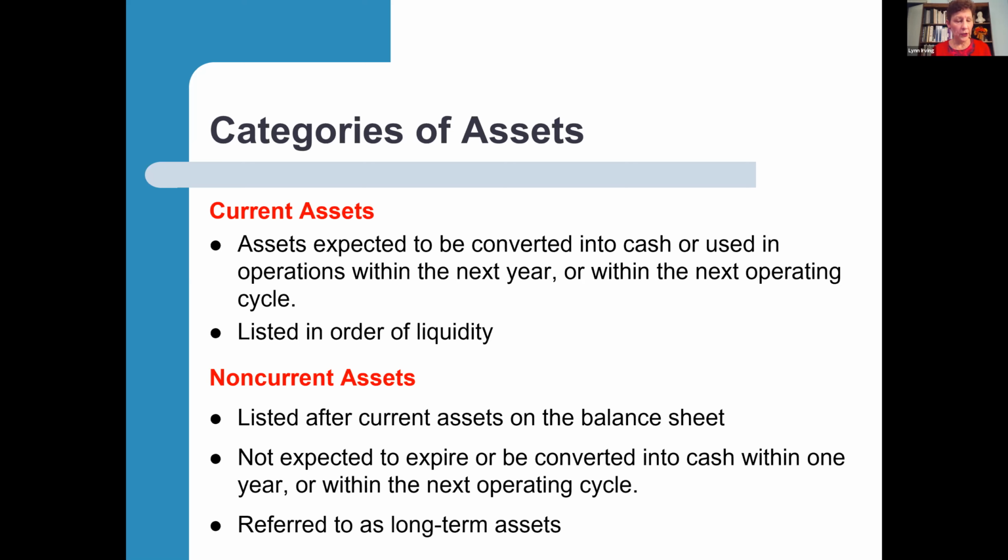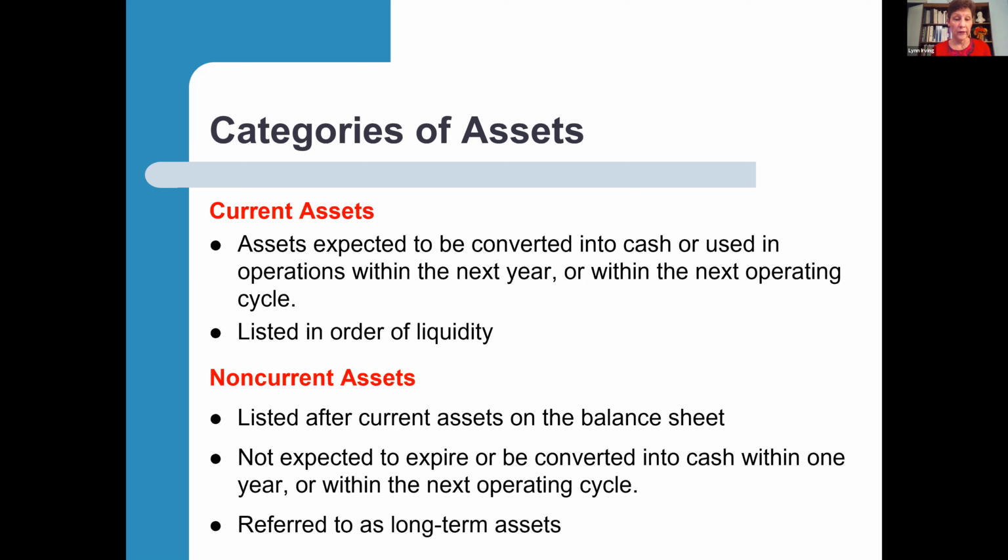When you look at your financial statements, you will see that those current assets are in order of liquidity. So cash is first, obviously, because cash is the most liquid asset. And then it's going to go down the list. Those assets that are going to be converted to cash next are going to be listed in that descending order. So we'll take a look at those.